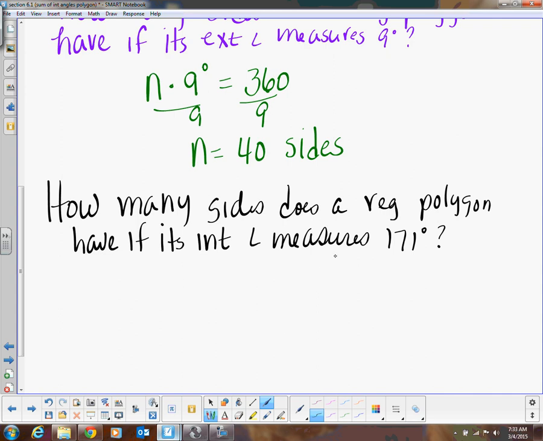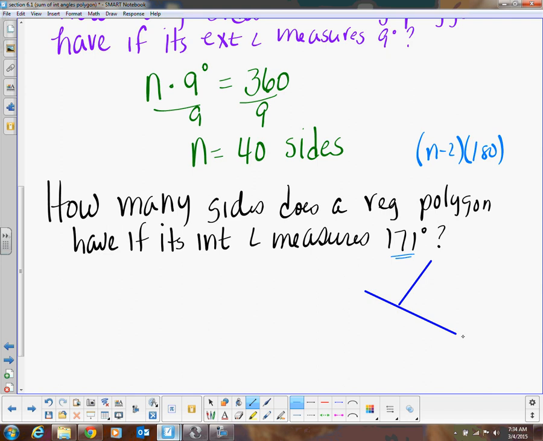N minus 2 times 180 is the sum. Do I have the sum? I only have what? 1. So what's the relationship between an inside angle? Supplementary. So if this is 171, how do I get outside? So we'll say 180 minus 171 is what?